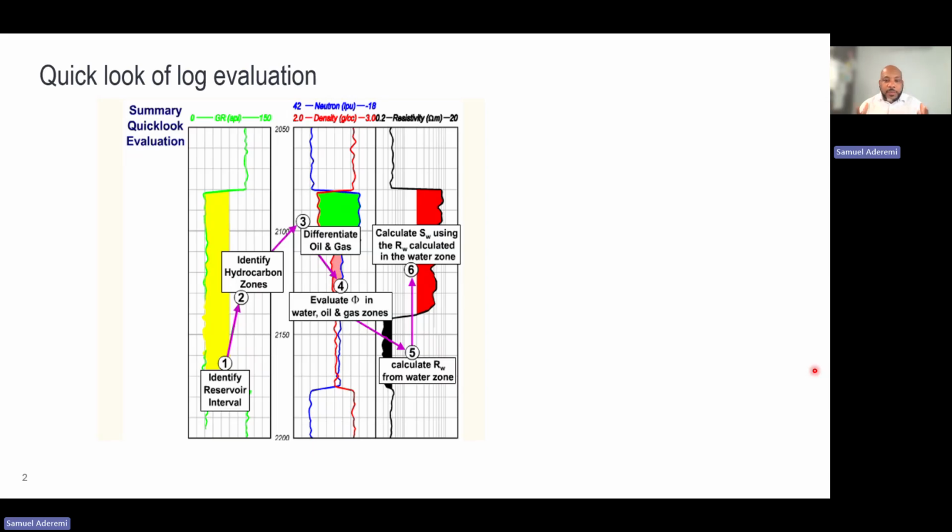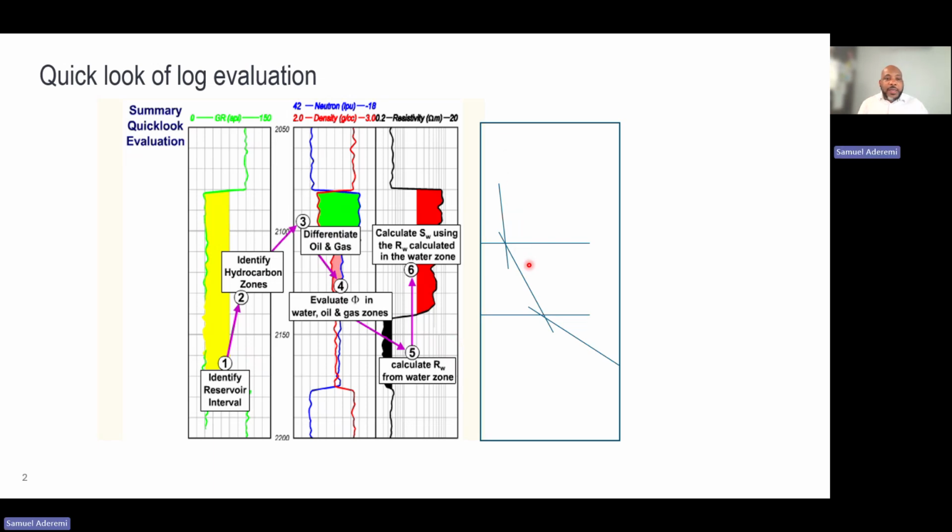We're also able to estimate the porosity, and we're able to use the resistivity to identify the water zone. And finally, we can also use this resistivity to calculate the water saturation using Archie's equation. And this provides a rapid first pass assessment of reservoir quality and hydrocarbon potential for us.